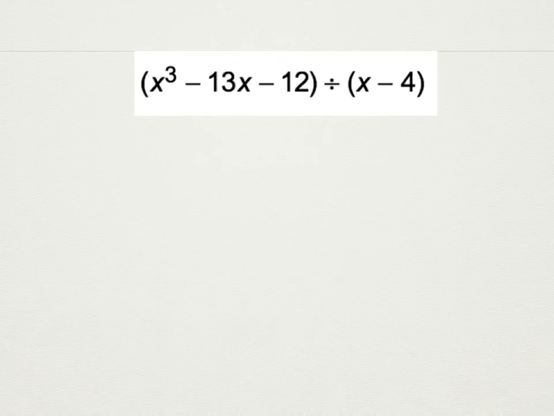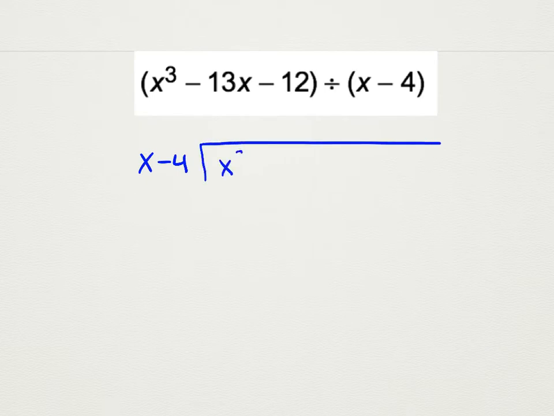Alright. So what goes on the outside? X minus 4. What goes on the inside? X cubed minus 13x minus 12. Here, it's a little bit tricky because it skips a term.